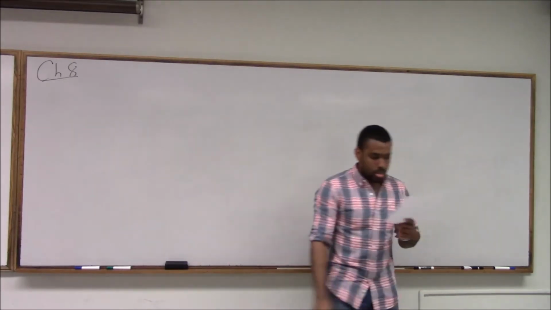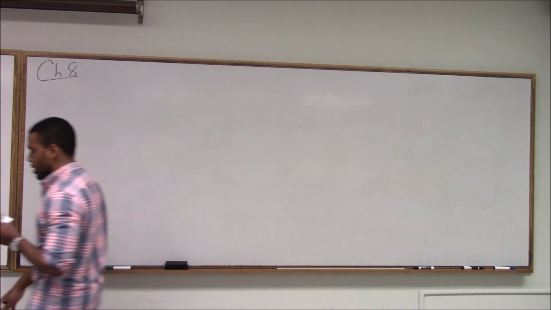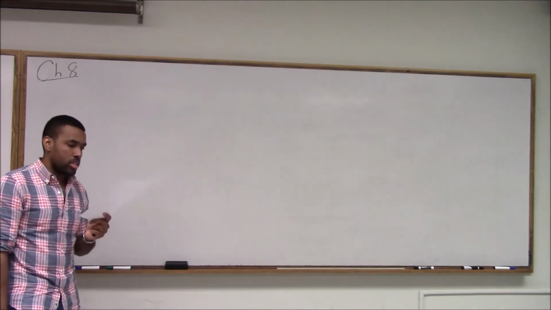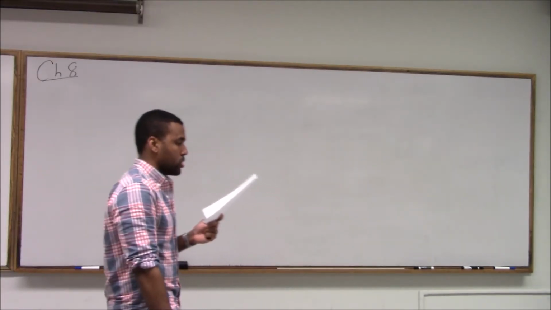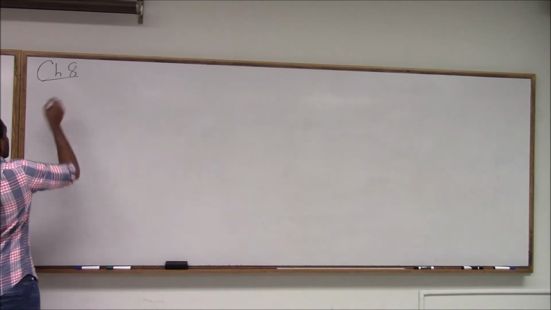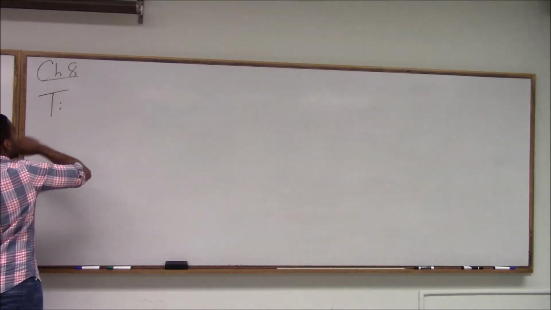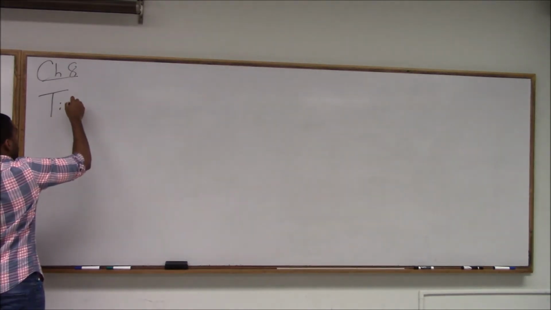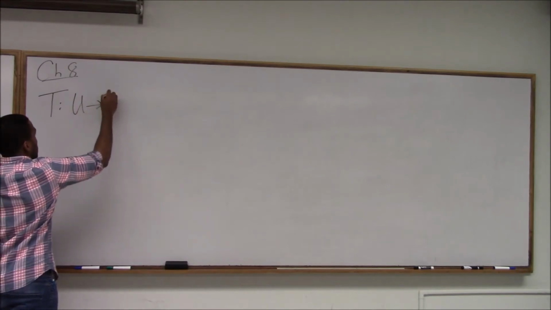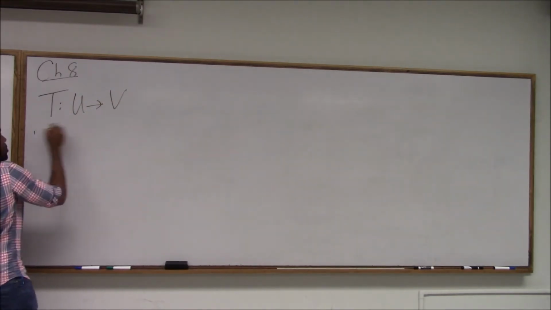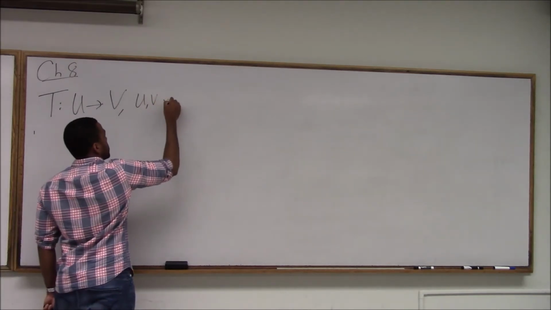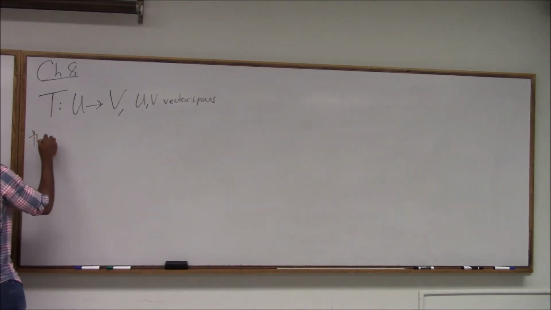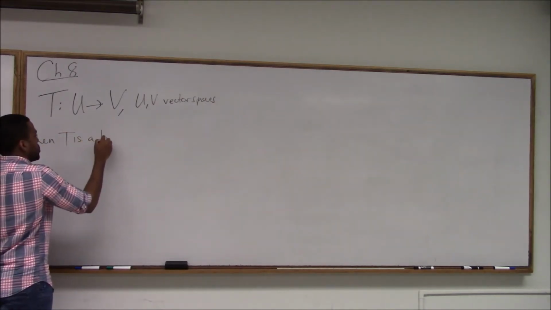And I'm going to write down some useful facts, maybe some ideas on how you want to think about things. But again, if you think of it in terms of the things that we proved about matrices, it'll make a lot of sense why certain things have to be true. So here's a function T going from U to V, where U, V are vector spaces, and T is a linear transformation.